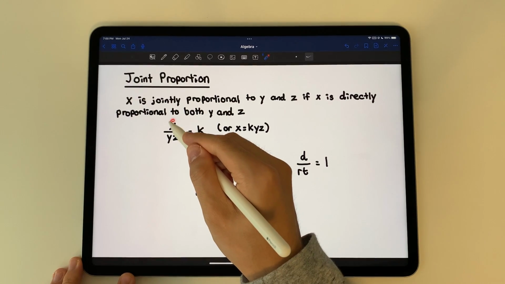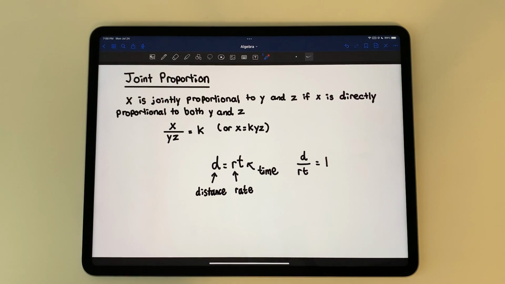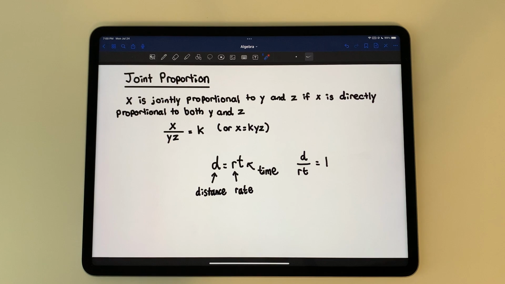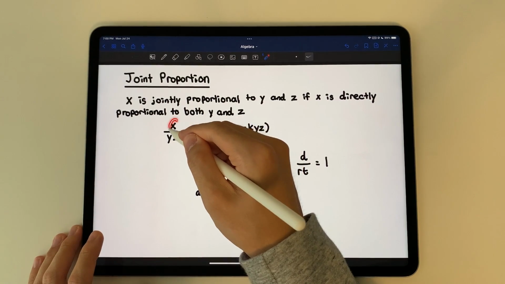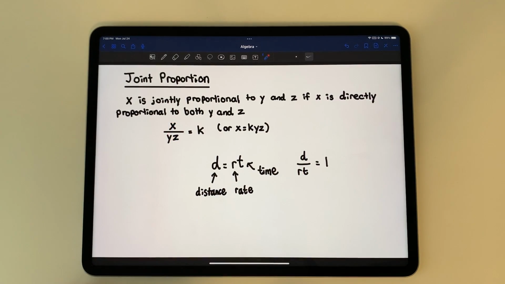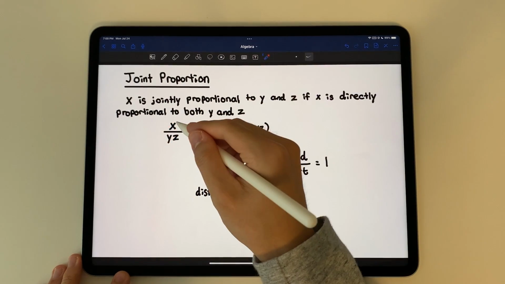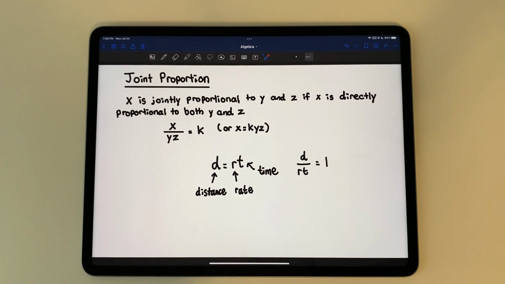So there's the first direct proportion relationship, x over y. If you don't remember that, go ahead and review the video I did on direct proportion. And then if we just ignore the y, let's just look at x over z. X is directly proportional to z. So you can see there's two parts. There's like an x over y, and then there's this x over z, just to clarify things.